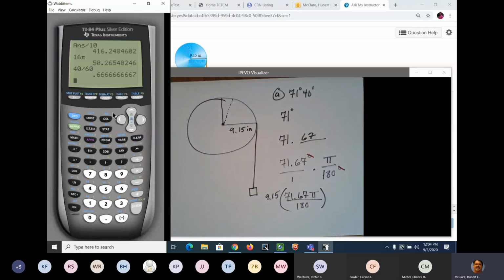So I'm going to add to 71, and I'm going to multiply that by pi, and divide by 180, and multiply by 9.15.